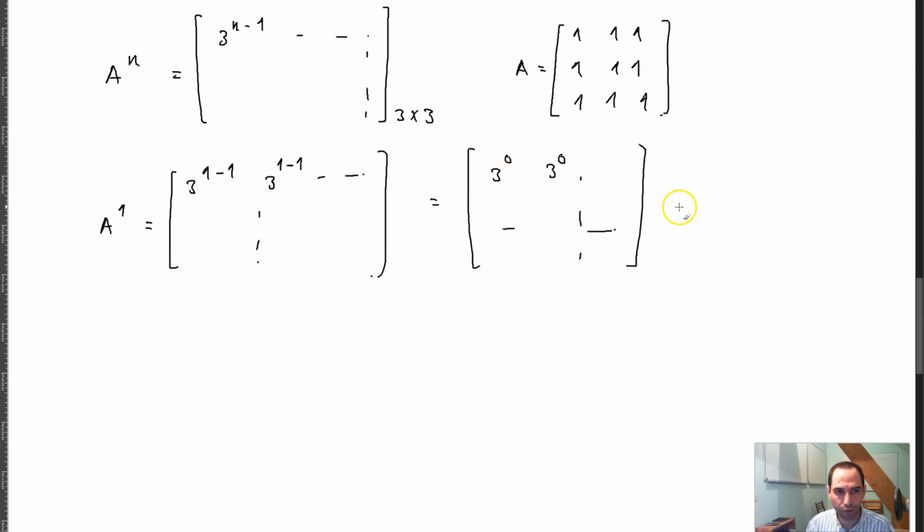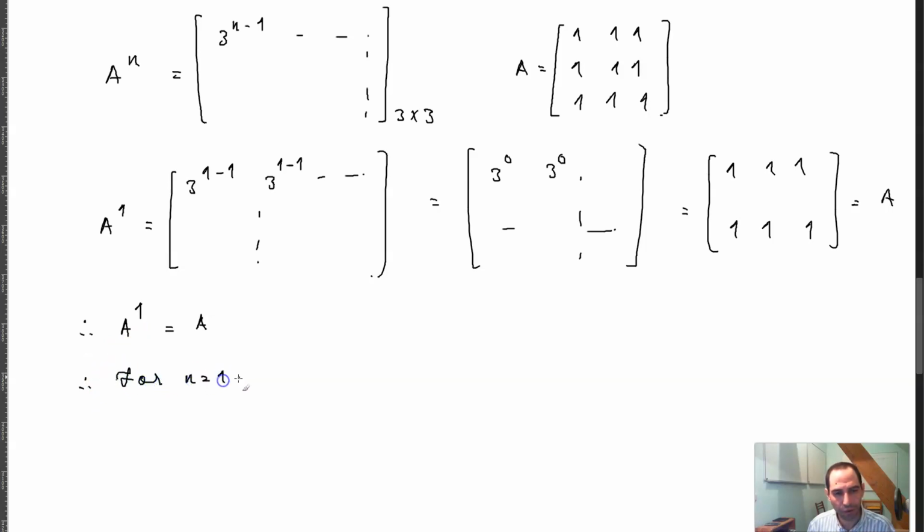Anything raised to the power 0 is equal to 1, which means this is the matrix of all 1s, and that is equal to A, because A is equal to this matrix. Therefore, A raised to the power 1 is equal to A, which means that for n is equal to 1, the statement is true. That is, P of 1 is true.